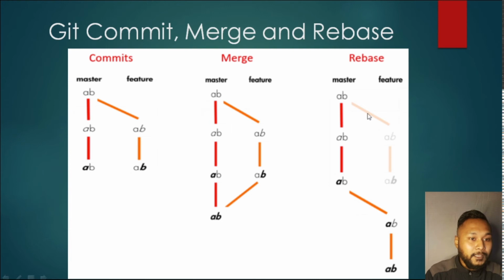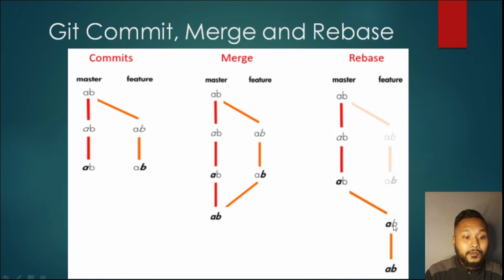While doing a merge, you get a result of both changes, denoted by bold italics of A and B. In the case of rebase, here we have the feature A and B, and on the feature branch there are going to be changes on B, and on master there have been changes on A, denoted by bold italics of A, and on feature by bold italics of B. While doing a rebase, at first only the italics of that symbol is denoted here, as you can see.